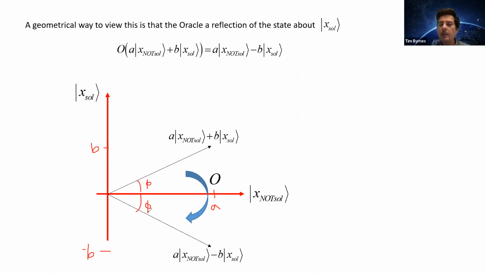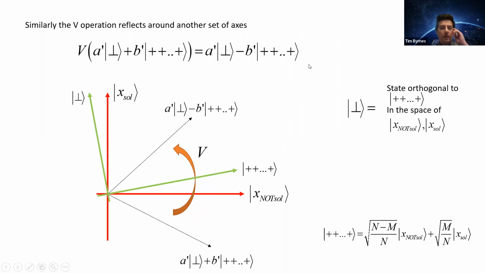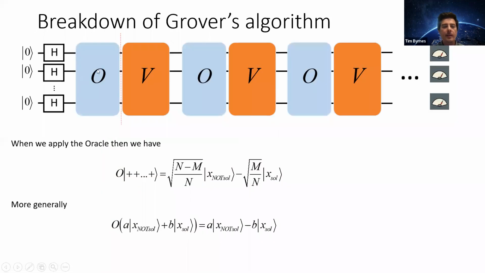This is a really neat way of visualizing it, and we're going to make use of this, because we can use the same trick to understand what the other operator here, V, actually does.